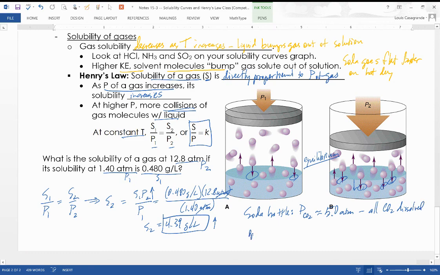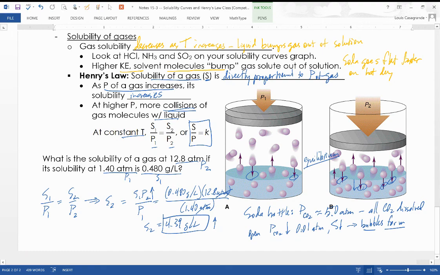When you open the can, the pressure of the CO2 drops. And it's not just down to 1 atmosphere. The pressure of the CO2 is like 1/100th of an atmosphere. Really, really low. And so if the pressure drops, the solubility goes down. Because the solubility goes down, these are the bubbles that form.